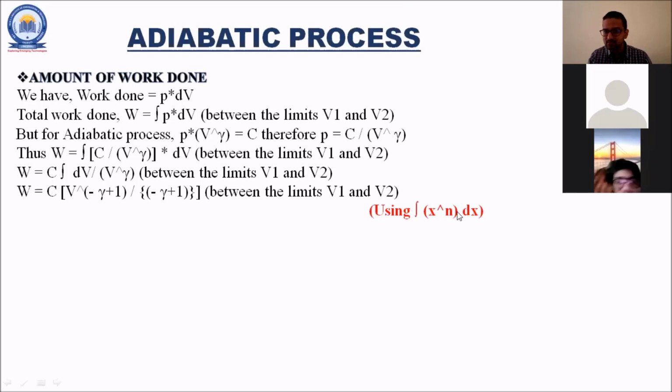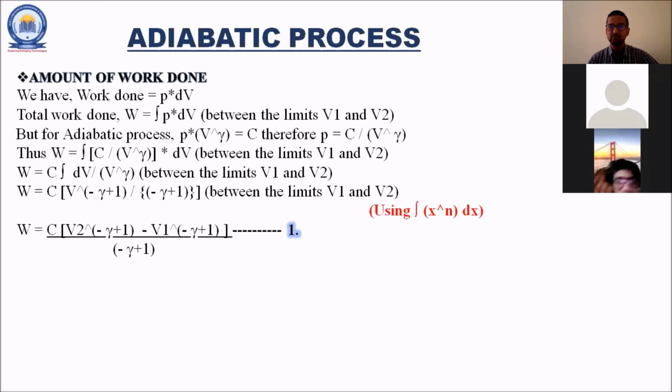But in my case, the value of n is minus gamma, x is capital V and dx is dV. I hope, dear students, you are understanding the points. Now if I substitute the limits in the equation, I get W is equal to C times V2 raised to minus gamma plus 1 minus V1 raised to minus gamma plus 1, divided by minus gamma plus 1. That is my equation number 1.